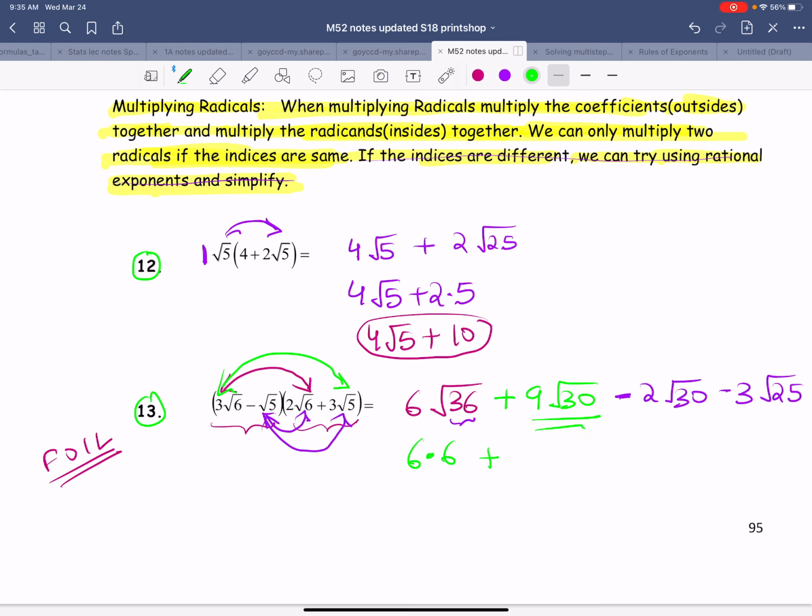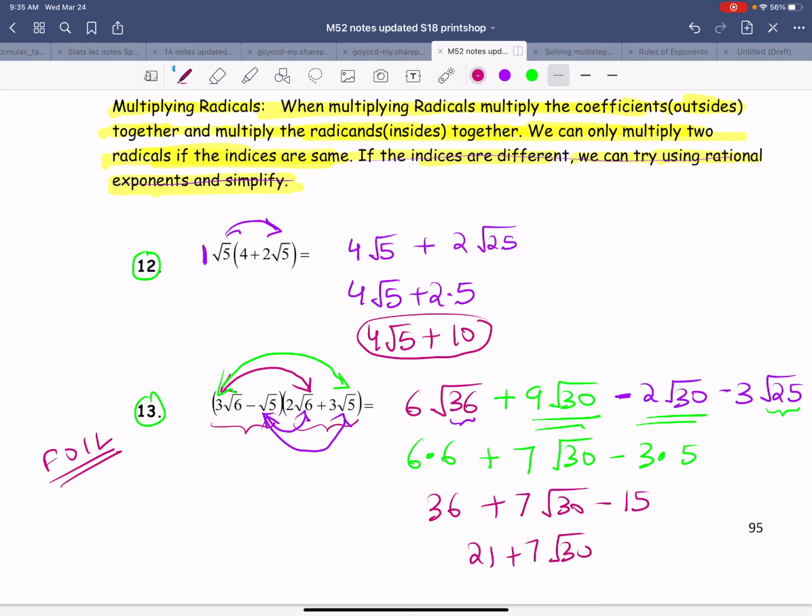And 9 root 30 and 2 root 30 are like terms. We can combine the coefficients, which turns out to be 7 root 30. Minus 3 times square root of 25 is 5. A little more cleaning up. 6 times 6 is 36 plus 7 root 30 minus 15. 36 take away 15 is 21 plus 7 root 30.